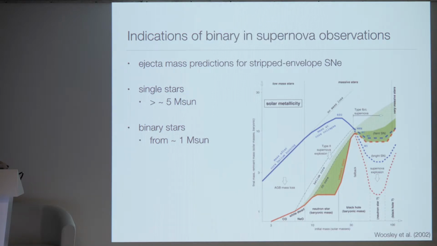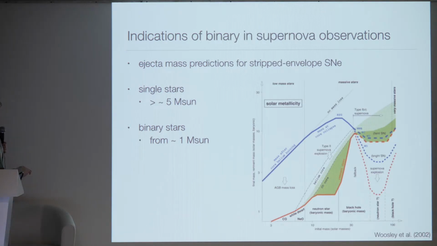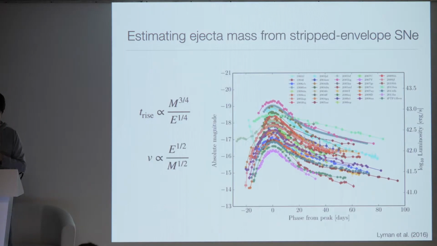But from binary stellar evolution, because of the existence of an extra stripping star, you can basically get rid of this mass and have, let's say, a 1 solar mass progenitor as well. So a much smaller ejecta is possible from binary stellar evolution. This was already covered in the previous lecture.